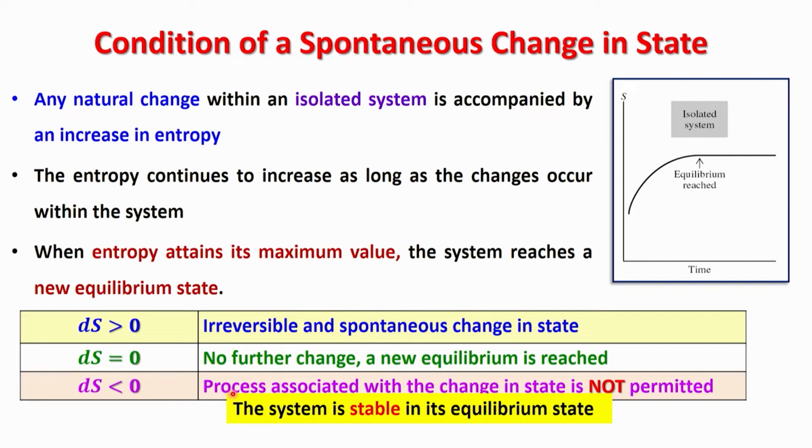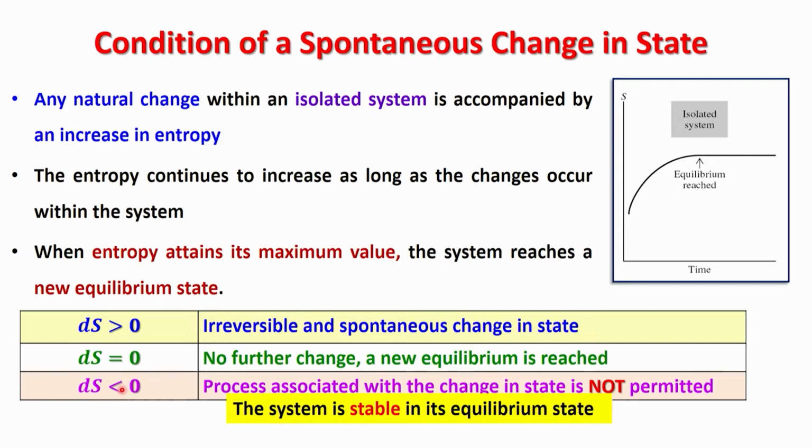The system is stable in its equilibrium state with respect to whatever you are doing to induce a change in state. Therefore, the condition of the process not being favored is actually the condition that the system is stable in its initial equilibrium state.